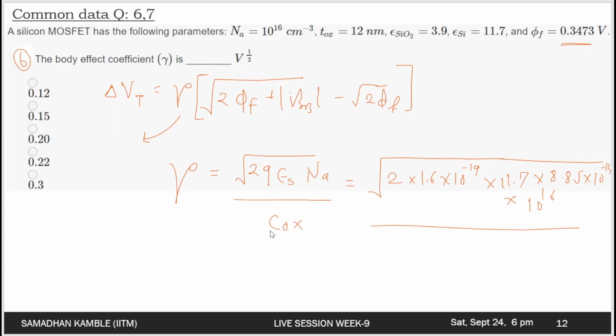Oxide capacitance is epsilon of oxide divided by the thickness, as we have seen in the previous sessions. So 3.9 times 8.85 times 10 to the power minus 14 divided by the thickness of the oxide, that is 12 nanometers, which is nothing but 12 into 10 to the power minus 7 centimeters. If you calculate it, we'll get the value of body effect coefficient gamma as 0.2.